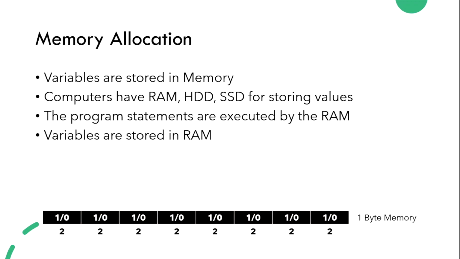So because each bit can have 2 different values, we can multiply 2 eight times, and we get 2 to the 8, which is 256 different values per byte.